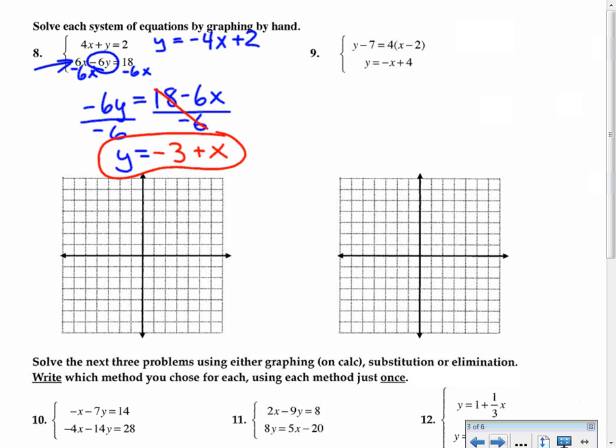Here are our two equations that we're going to graph. Shouldn't be too bad. Let's see, I'll do the second one first. Y-intercept of negative 3, but positive slope of 1. All right. My board is slightly off kilter there, but there we go. Positive slope going through negative 3, right?